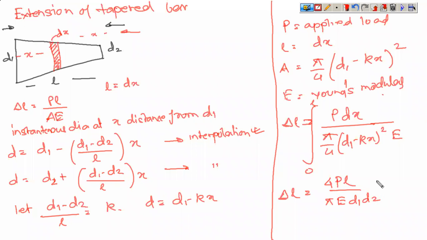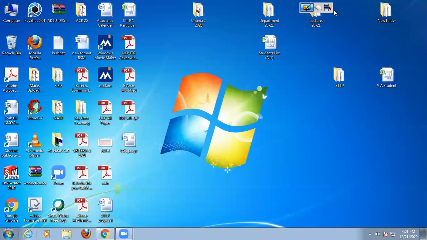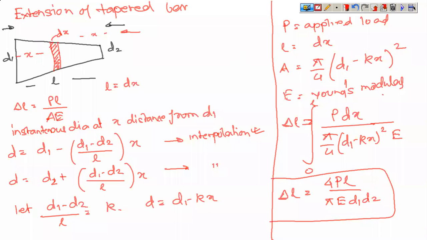This is 4 PL by pi E d1 d2. So this is your derivation for extension of a tapered bar. Now what we have done is we have derived this equation, delta L is equal to 4 PL by pi E d1 d2. This is the extension of a tapered rod.